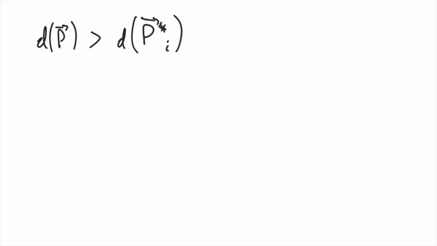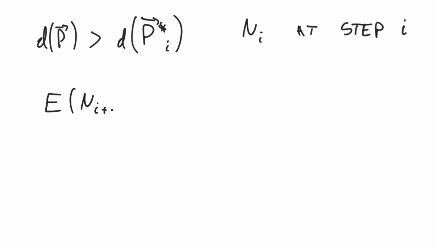Now, if we had n_i points at step i, so n_1 is the original number of points, and then each time we have fewer and fewer points, then the expected number of points at step i plus 1 is nothing else than half the number of points that we have in the previous step, because half of the points will have larger distance than p_i star and half of the points will have smaller.